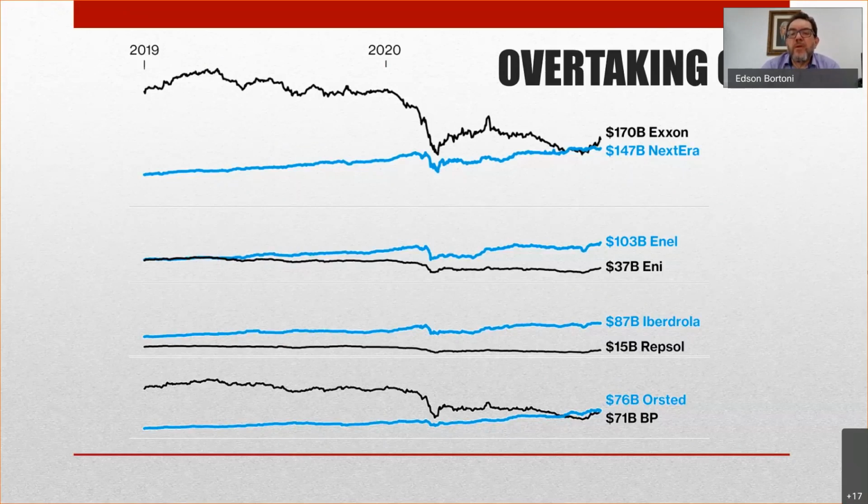In Italy, for example, observe here from 2009 to 2020 expectations, Enel, which is a company that invests a lot in renewable energy, for a long time has surpassed the value of Eni, at $103 billion against 37 billion.